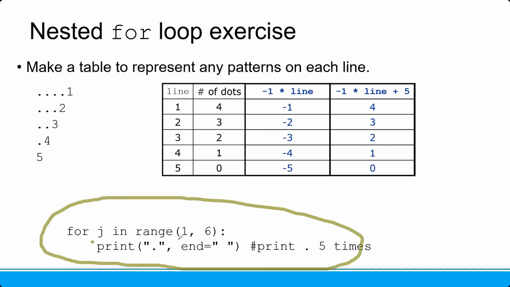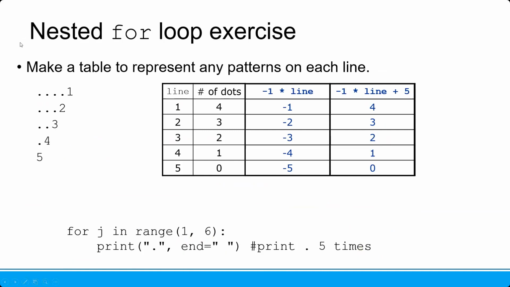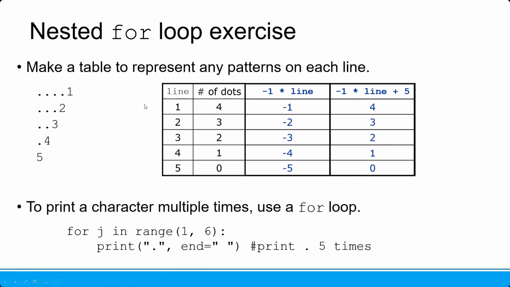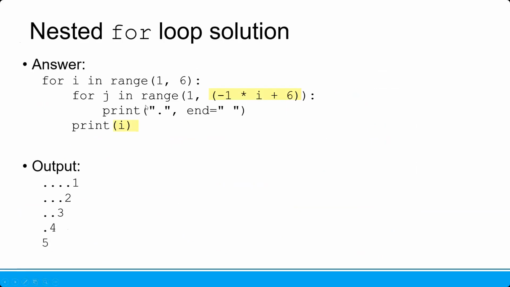For j in range 1 until 6, I can print dot, with a comma and a space. So it means I will print dot 5 times. Then, if I want to print this result, this will be the best answer.